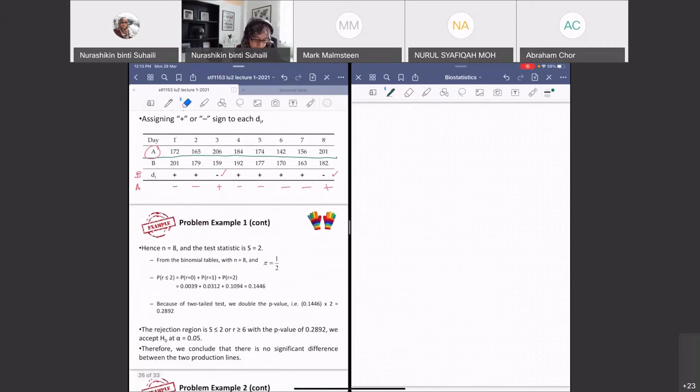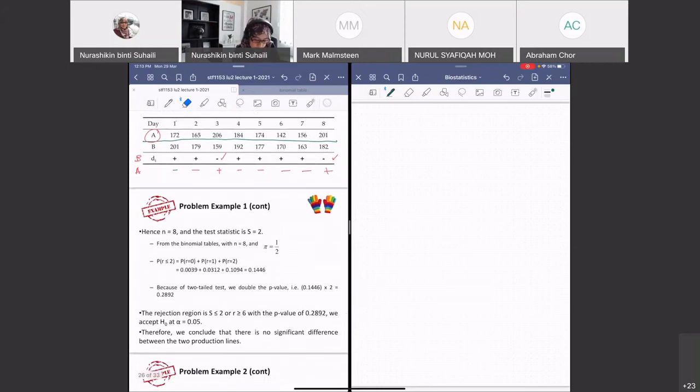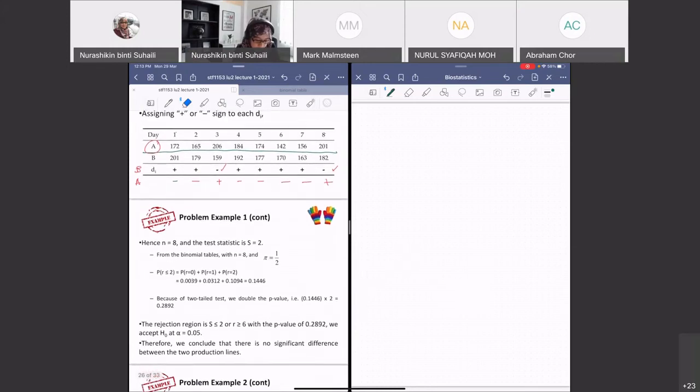Let's say we use the original data here, which is from the point of B. The n here is 8 because all have signs, right? The number of positive, using these values, is 1, 2, 3, 4, 5, 6.